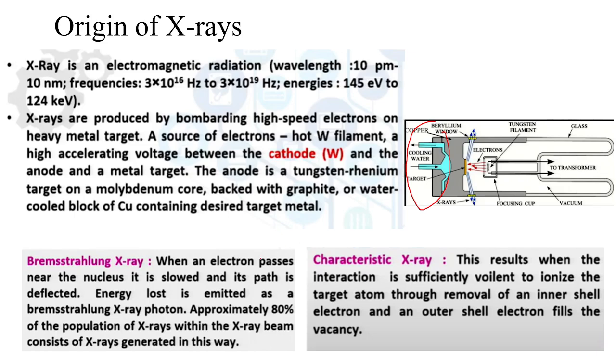So there are two different kinds of X-ray. One is the Bremsstrahlung, and another is the characteristic X-ray, when the interaction is sufficiently violent to ionize the targeted metal.